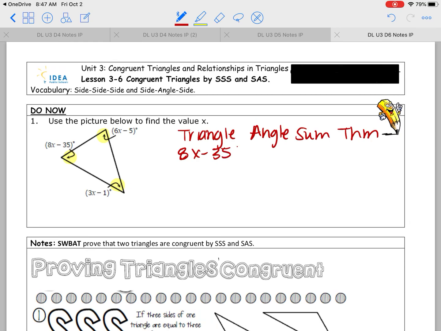8x minus 35 plus 6x minus 5 plus 3x minus 1 equals 180 degrees. Since we have multiple x terms and multiple constant terms on the same side, on the left, we're going to be combining these. 8x plus 6x plus 3x gives us 17x.